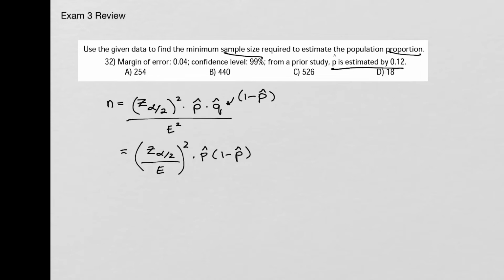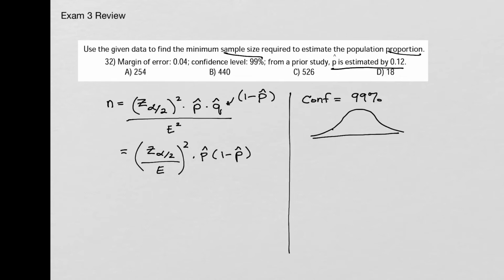So I need to find z sub alpha over 2, and that's based on our confidence level. So in this problem, we have a confidence level of 99%. And what that means is that we are looking to do a study where the confidence level will be 99%.